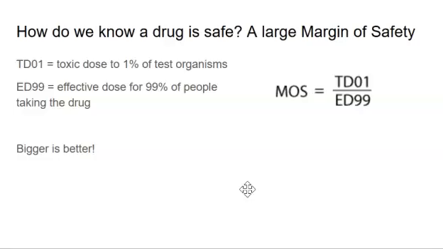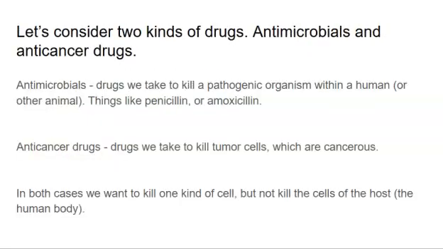This is going to be smaller than the toxic dose for 50%, right? So the dose where we see toxicity in 1% of our test animals, divided by the effective dose for 99% of your test animals. And we want to have a large margin of safety, right? So bigger is better for this as well.